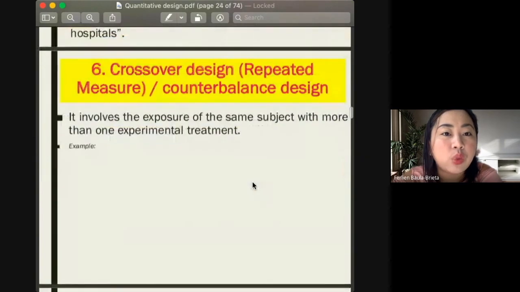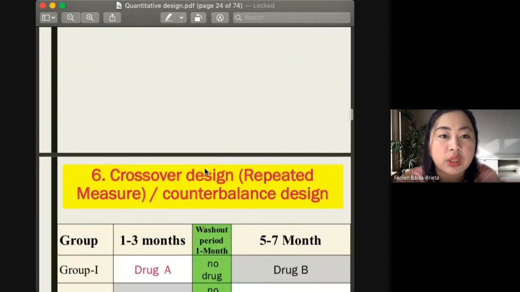Okay, the last one is the crossover design or the repeated measure counterbalance design. It involves the exposure of the same subject to more than one experimental treatment.